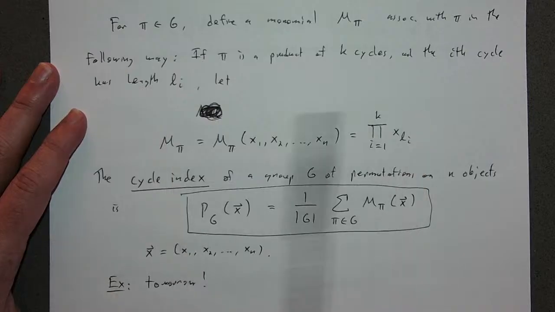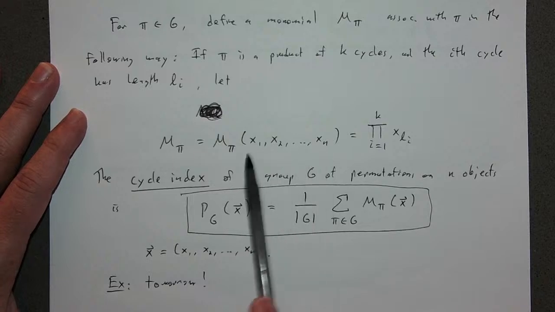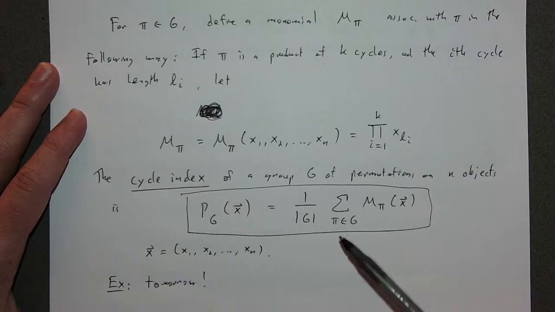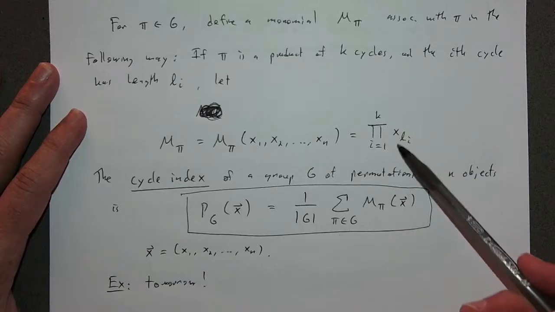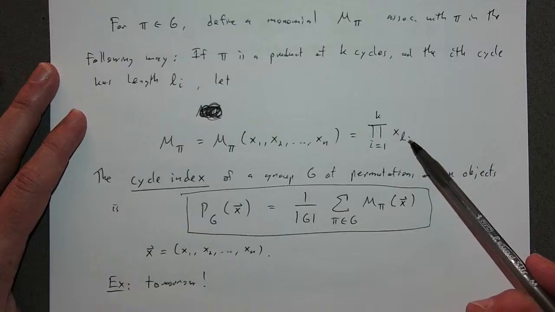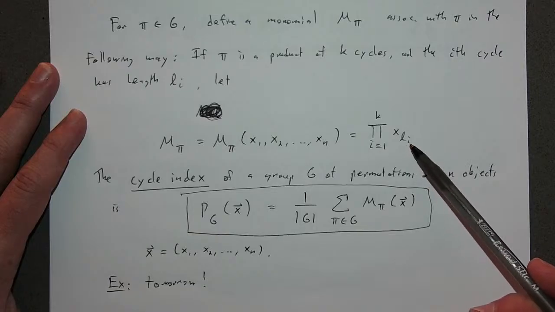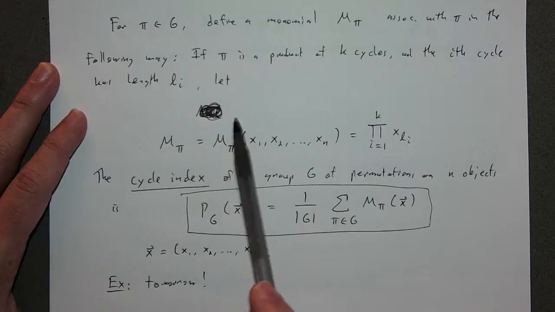So this monomial associated to a permutation is a monomial in the variables x1 to xn, defined in this way where it is a product of the x's whose indices are telling you the lengths of cycles. So you take the permutation.